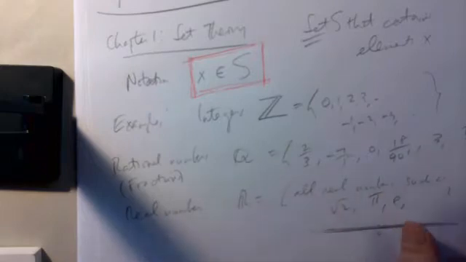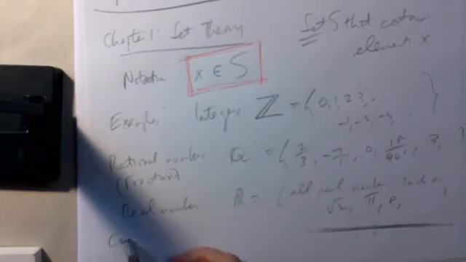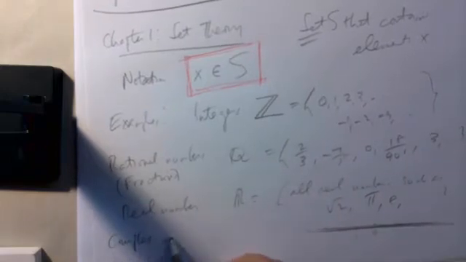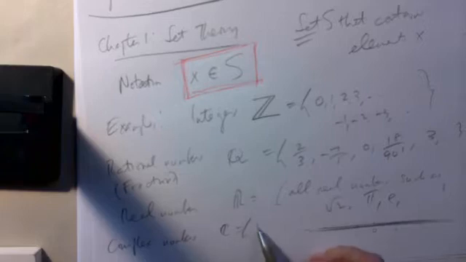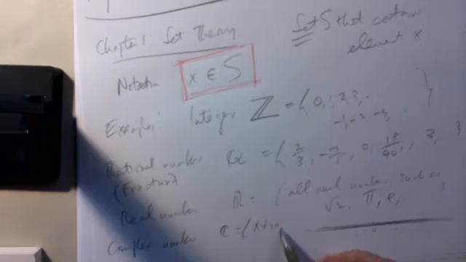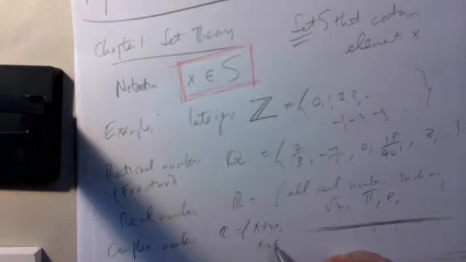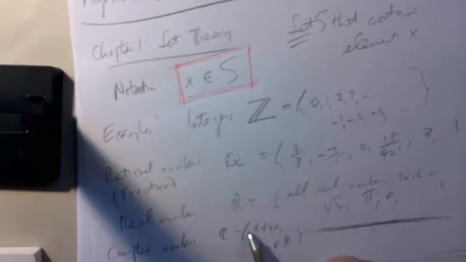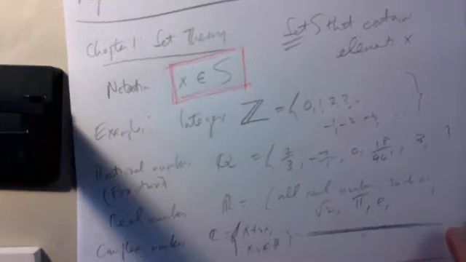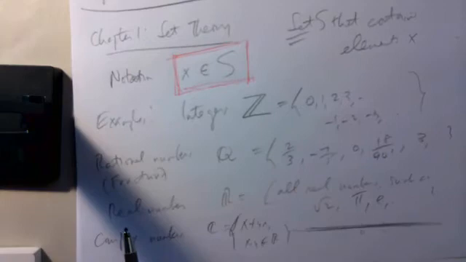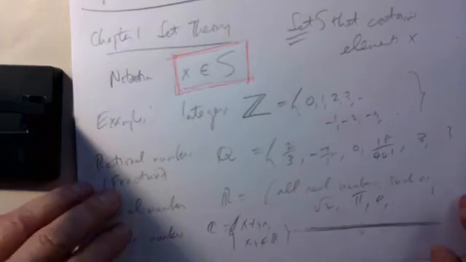And finally, the complex numbers, C, which is everything of the form x plus yi, where x and y are in the set of real numbers. All right, so these are just 4 examples of sets, and these happen to be sets of numbers.